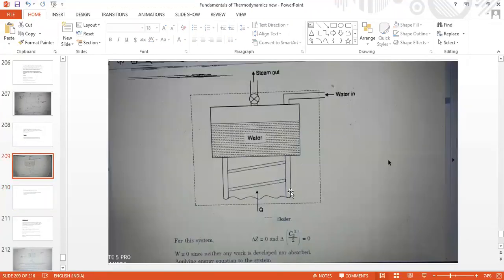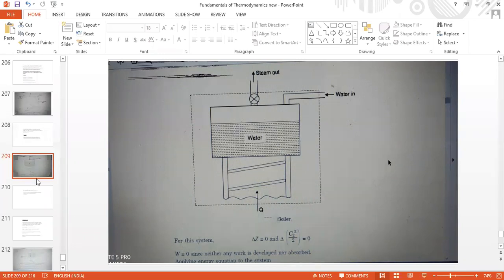Heat is exchanged from external, from the coal to the water, from one substance to another substance. The substance is coal here, and the other substance is water. Coal is fire, and water will be heated. So this is one example of a heat exchanger.